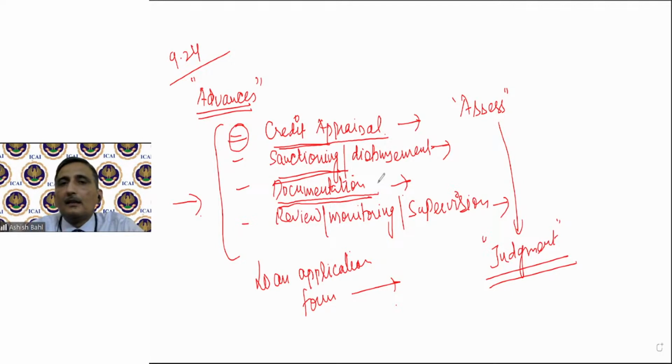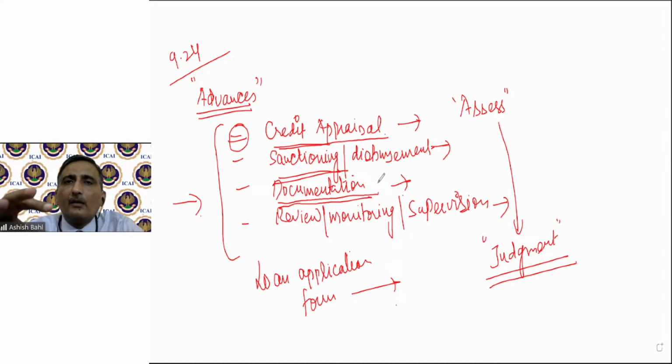This is known as documentation. So the first step is credit appraisal, then comes sanctioning, and then comes documentation. After documentation is complete, disbursement is done, which is a consequence of the sanction.